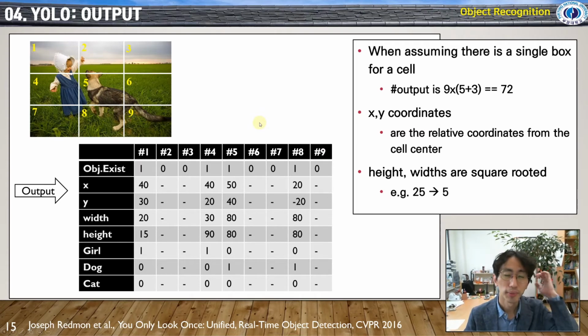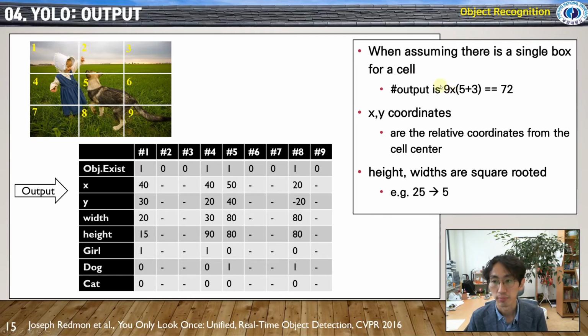Just to keep our explanation simple, let's assume that there is one single box per cell. Then the number of outputs is going to be 72, because we have 9 cells and 9 boxes, right?